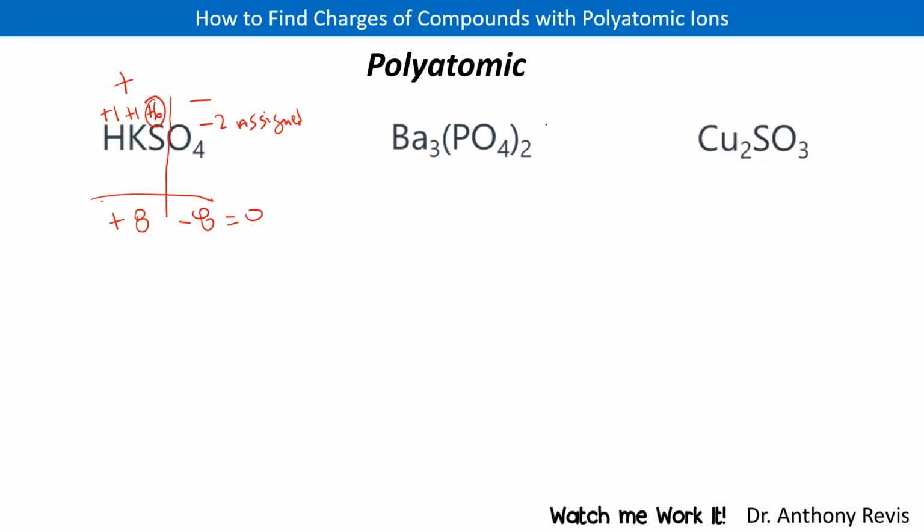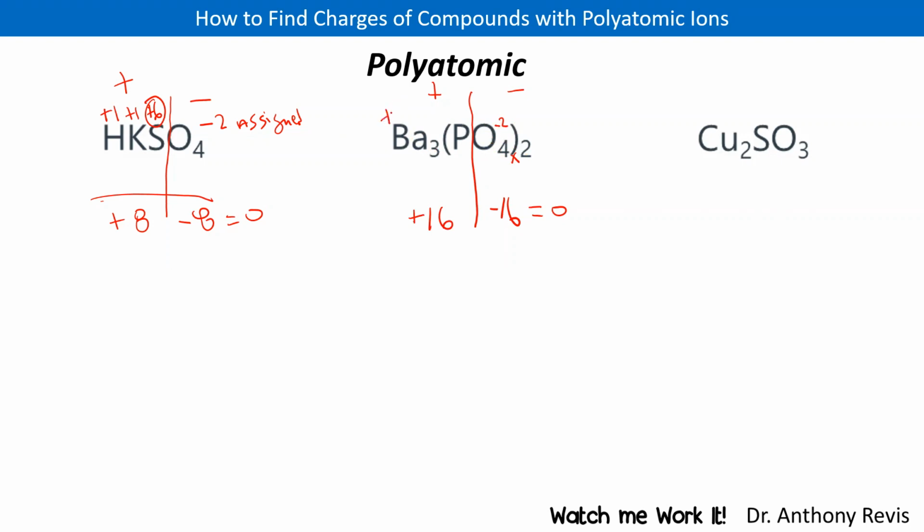Let's do the same thing for this polyatomic. I locate the polyatomic and I draw my division line for plus and minus. I start with my standard oxygen -2. And what I notice is that I have 2 times 4 here, just math, times 2. It's going to give me a -16 on this side. So I need the left side to be a +16. To do that, I know that barium is my standard because it's in group 2.